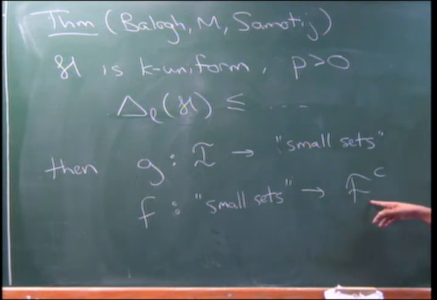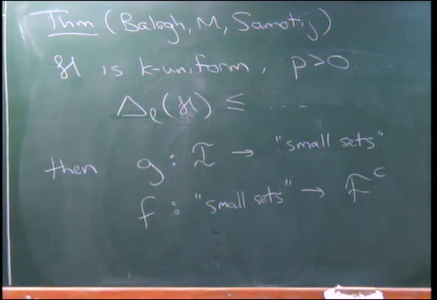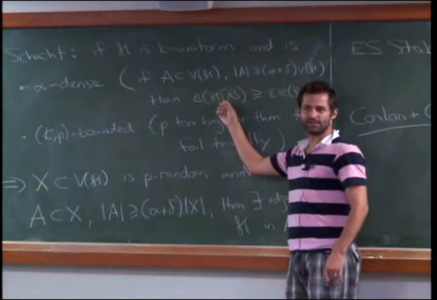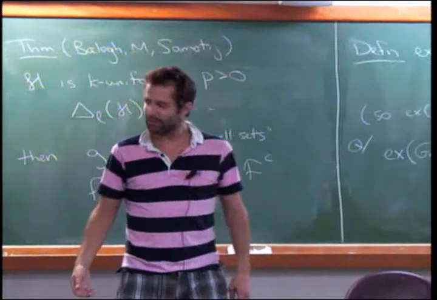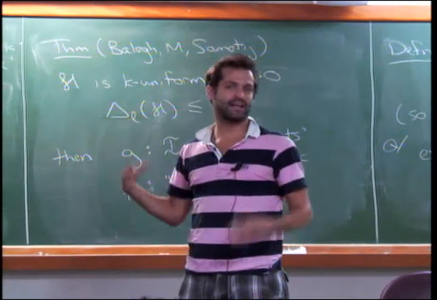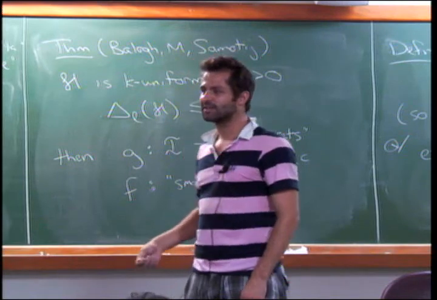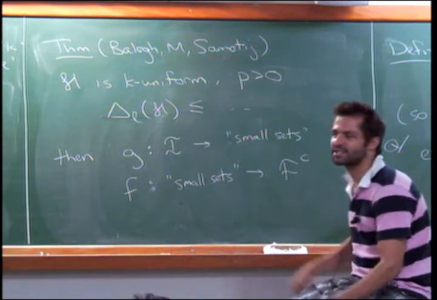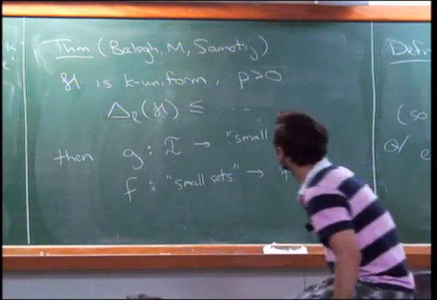So basically, F is a family of things which are alpha dense. So it's like the collection of sets of size at least delta n in [n] has lots of 3-APs in it. The set of graphs which have at least a half plus delta proportion of edges contain lots of triangles, something like that.